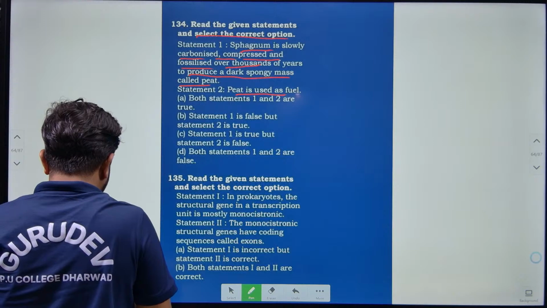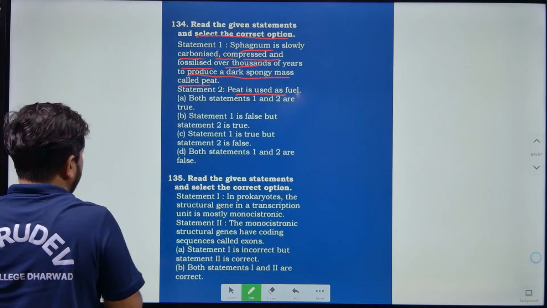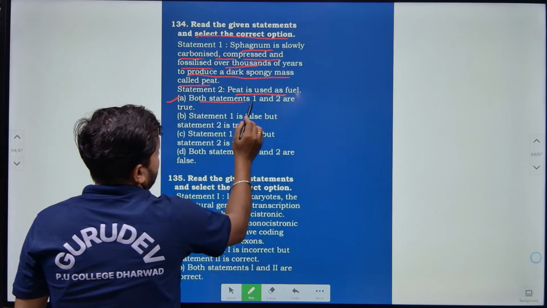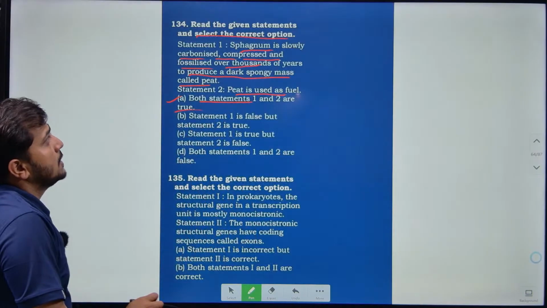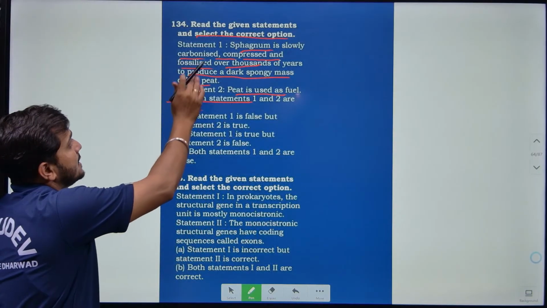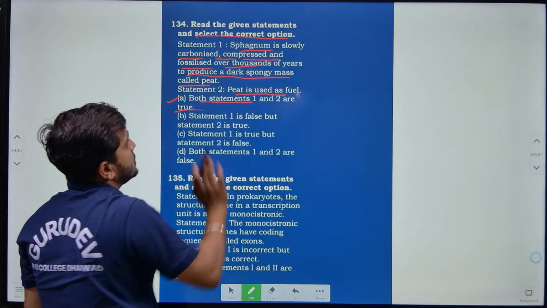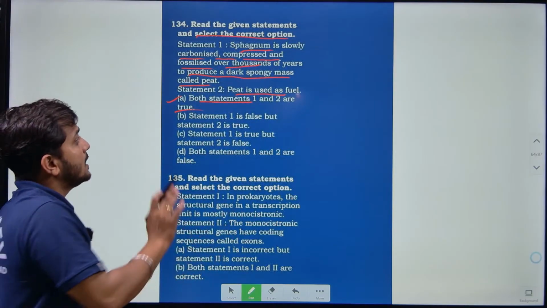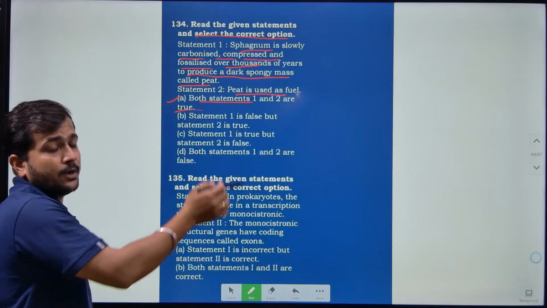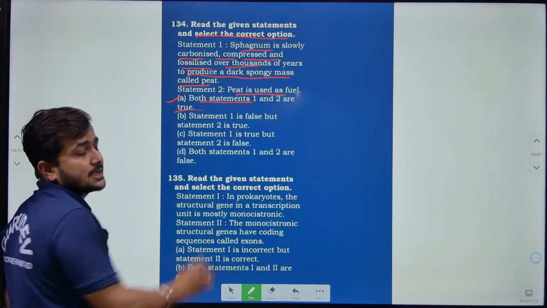So based on that, option A is correct. Both statements 1 and 2 are true. So sphagnum is slowly carbonized, compressed, and fossilized over thousands of years to produce a dark spongy mass that we call peat, and peat is used as fuel.